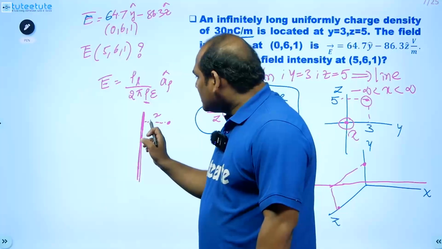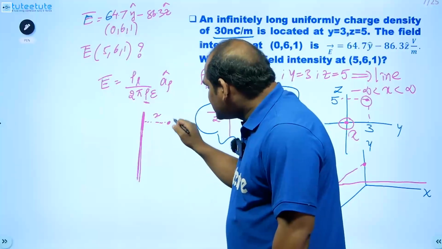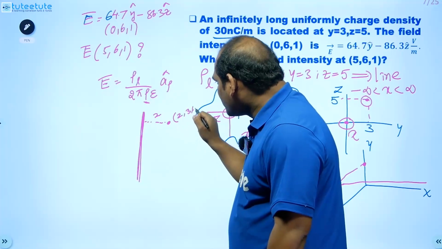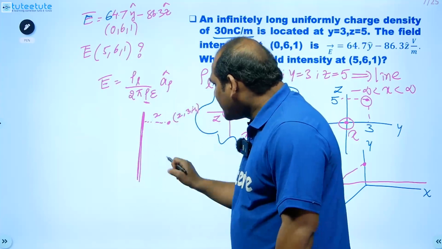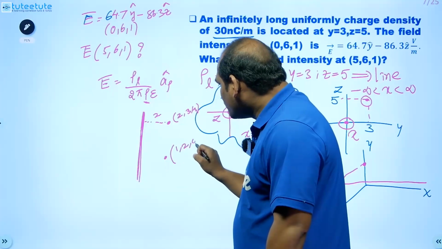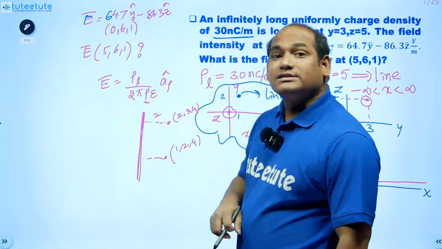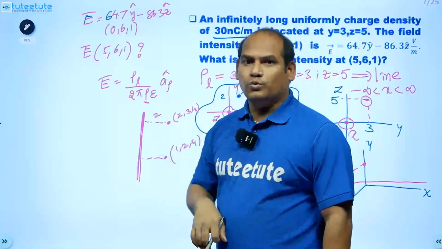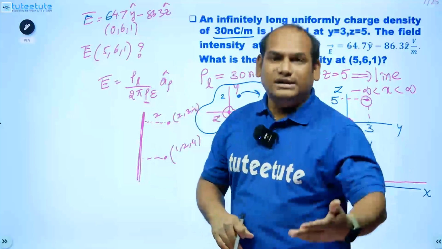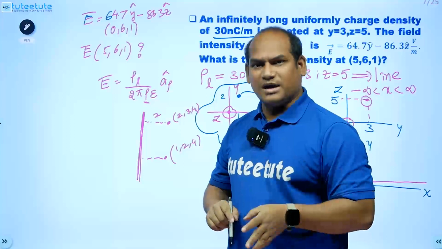Now you go to some other place, for example, this point 1, 2, 4. Here again you need to calculate the perpendicular distance and substitute it as rho. So in the calculation of the electric field due to the infinite line charge, what is important is the perpendicular distance from the line charge.